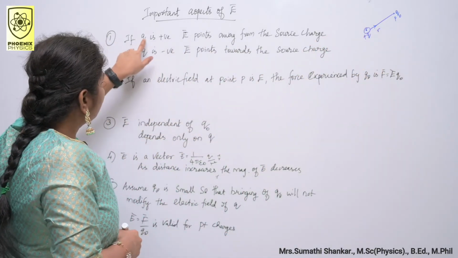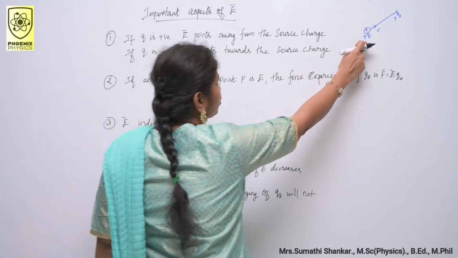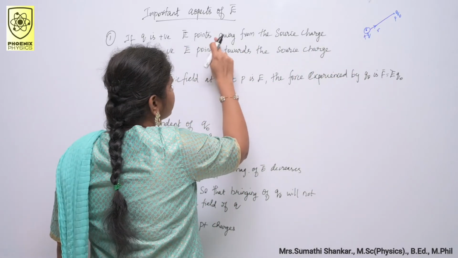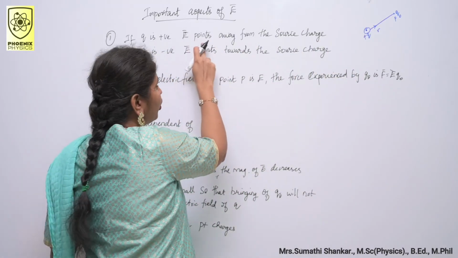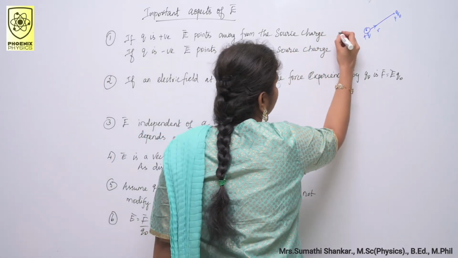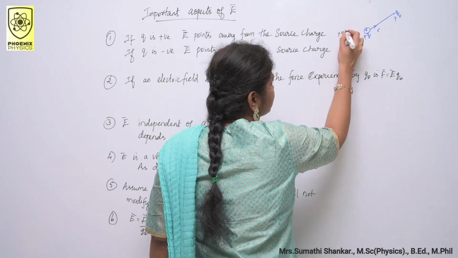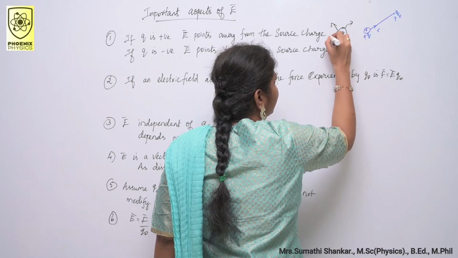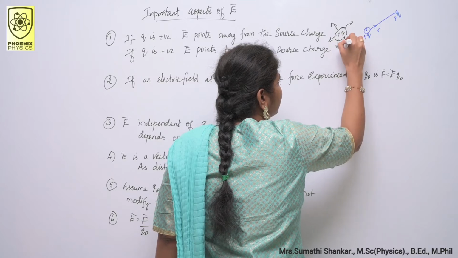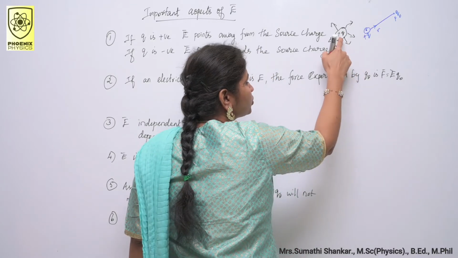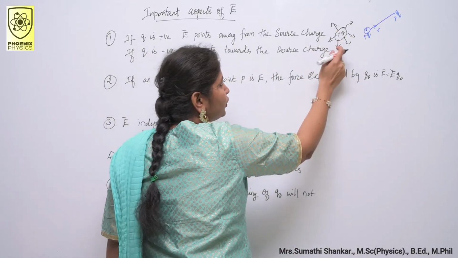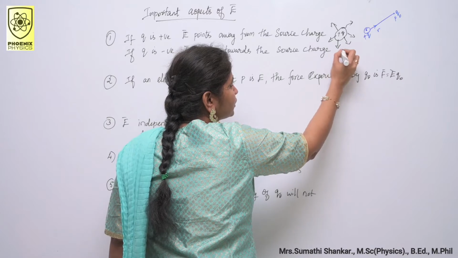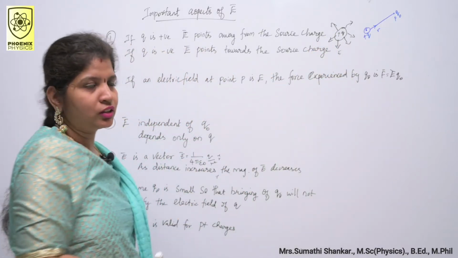Here if Q is positive, E, E means electric field, points away from the source charge like this. Suppose this is my positive charge, you know that every charge will create an electric field in the surrounding space. If Q is positive, the electric field E direction is away from the point charge.